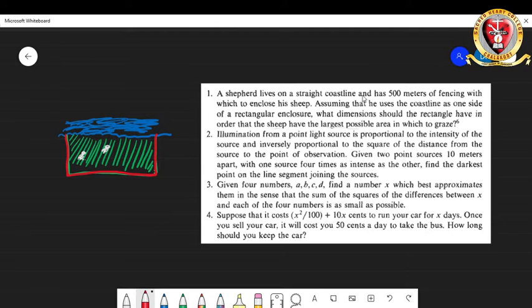And it is given that he has 500 meters of fencing. So suppose this is length L and this is width W and this is width W, we are given that L plus 2W is equal to 500. That is one among the observations you get from there.